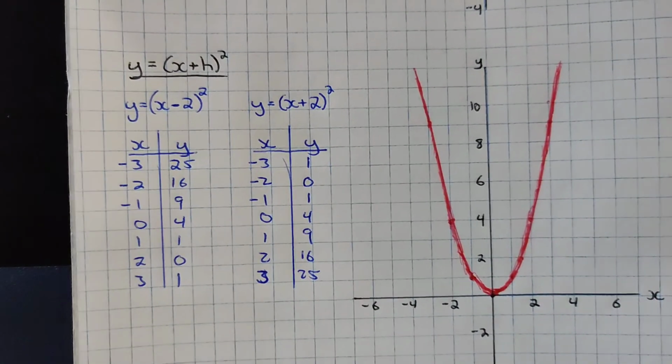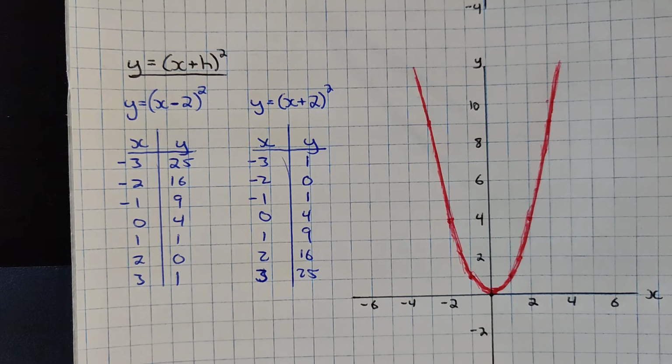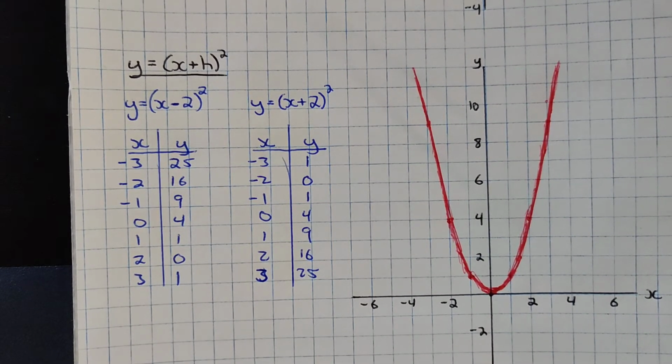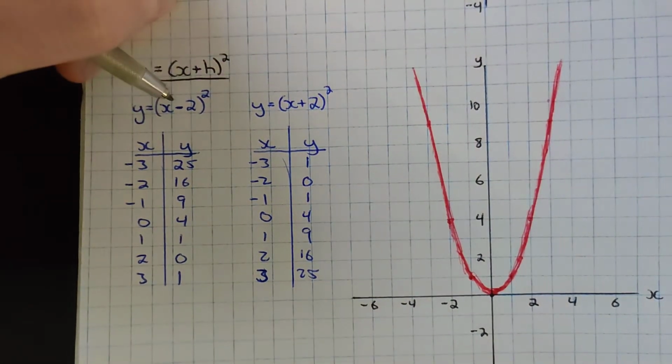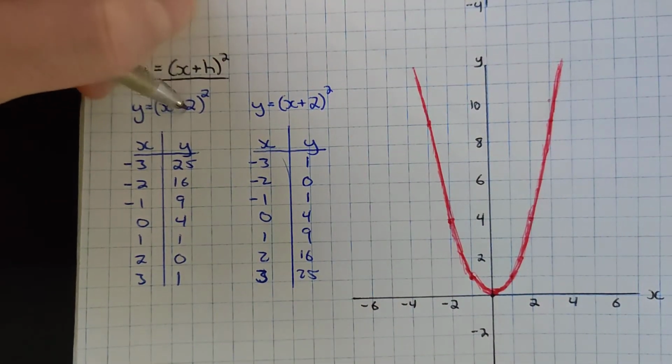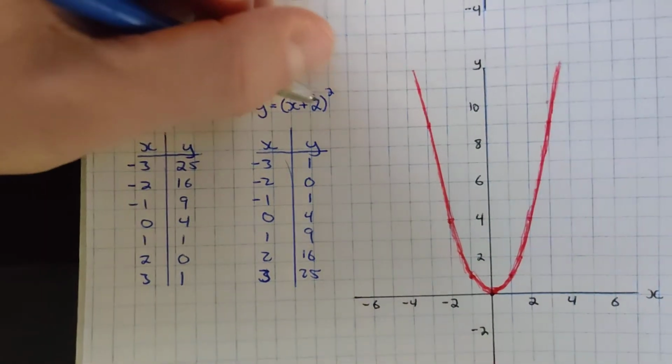Finally, what if we add something to the x before we square it? So here we have x plus an h value, squared. So if we put an h value in there, what happens is we have a -2 in here, we got a +2 in here.